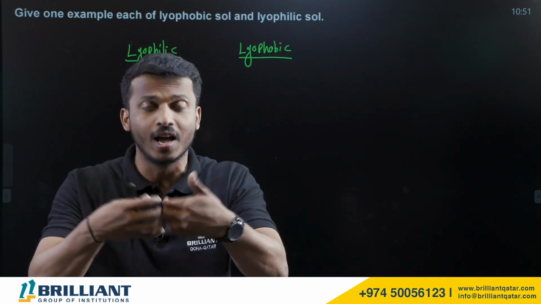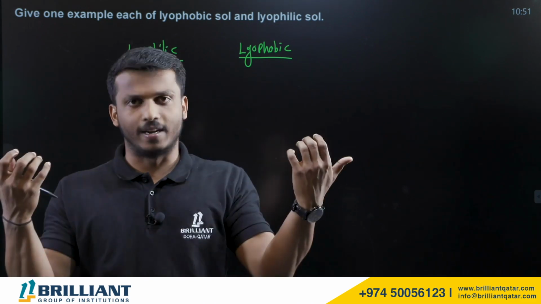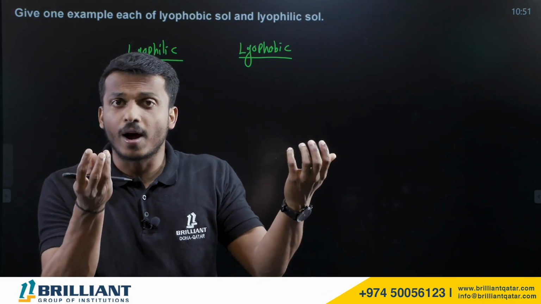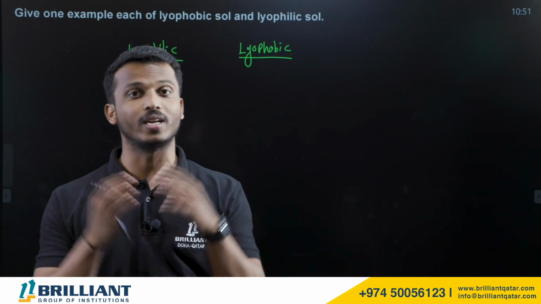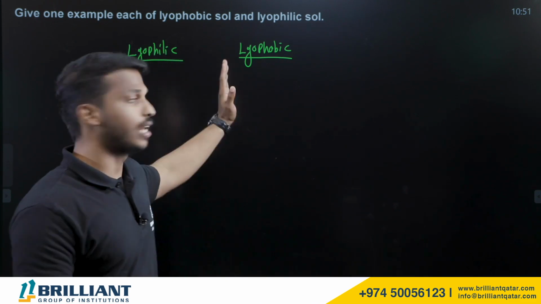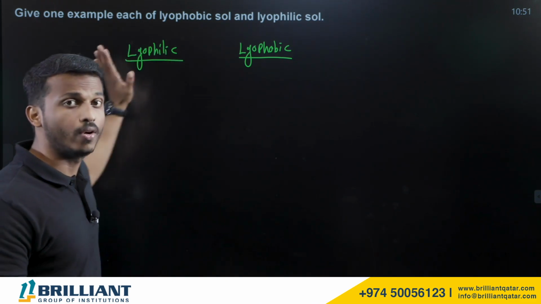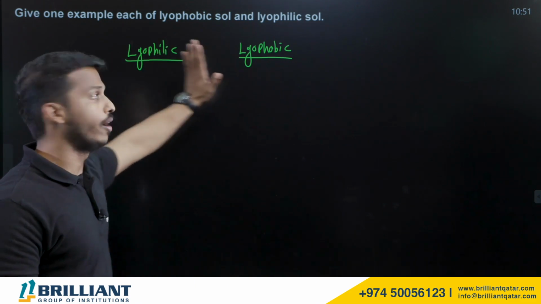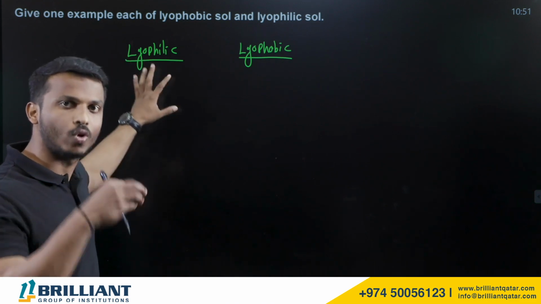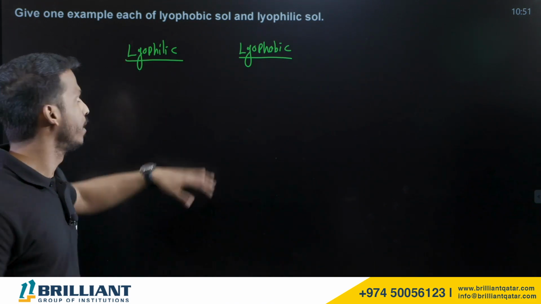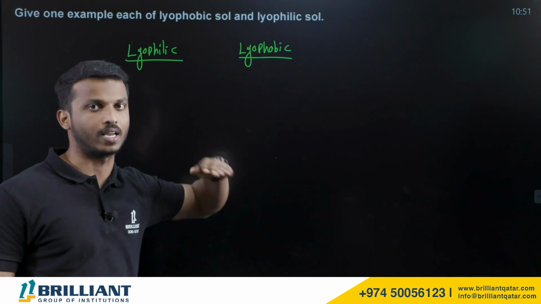Initially they form a colloid, and when you evaporate it, they separate. But if you add water again to the remaining particles, they can form a colloid again. So it is reversible in nature. Whereas lyophobic is irreversible. Lyophilic is reversible, lyophobic is irreversible. Lyophobic, as I told you, needs special techniques.